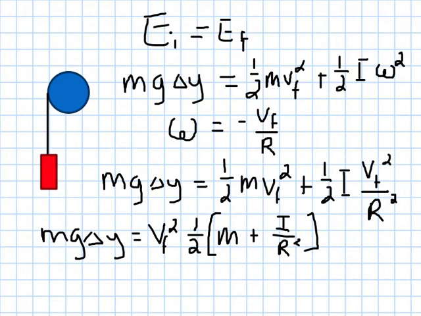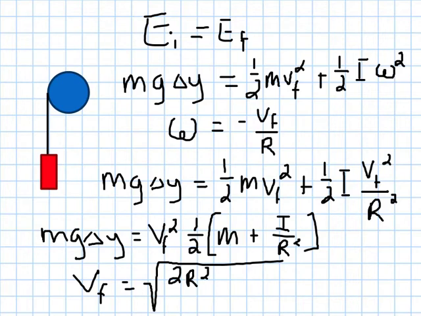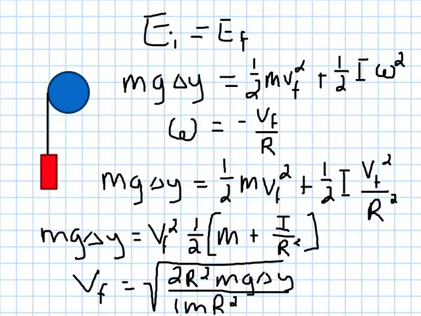So what this looks like at the very end is v final is equal to the square root of 2 times r squared times mg delta y, divided by m r squared, that's from multiplying everything through by r squared, plus I.